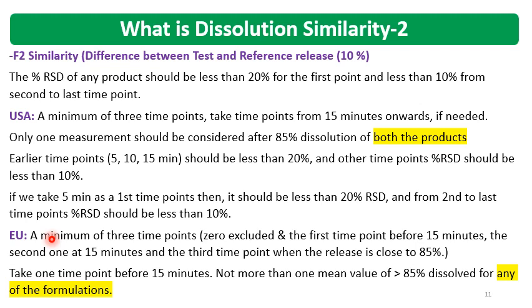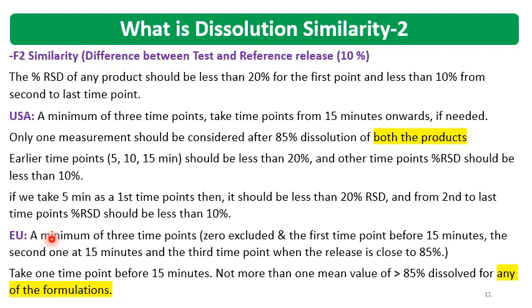So if you are considering more than one time point after 85%, that means you are considering similar or near-similar results. That's why only one measurement should be considered after 85% dissolution.